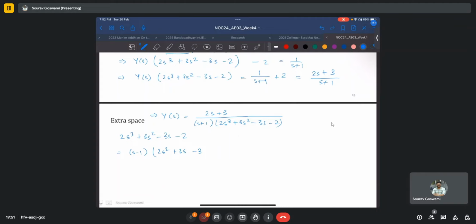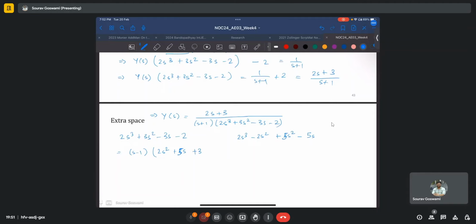This is 2s cube minus 2s square plus 3s square. Okay, so this will indeed be 5s. So plus 5s square minus 5s, and then I want minus 3s.